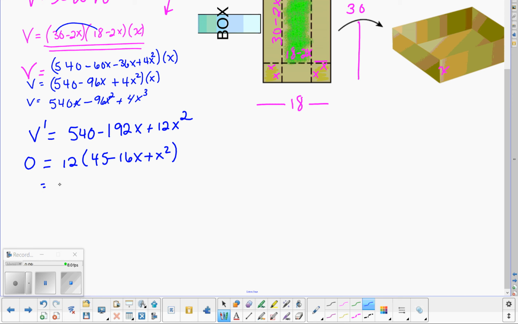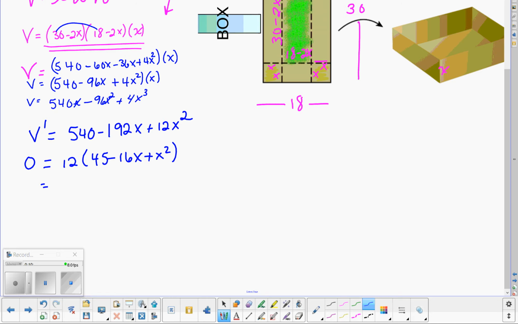This is factorable, so let's factor that. x times x, and then that's going to give me, maybe it isn't factorable, 9, 5. Not so much, is it? So a little bit of work here to do. Let me erase this.